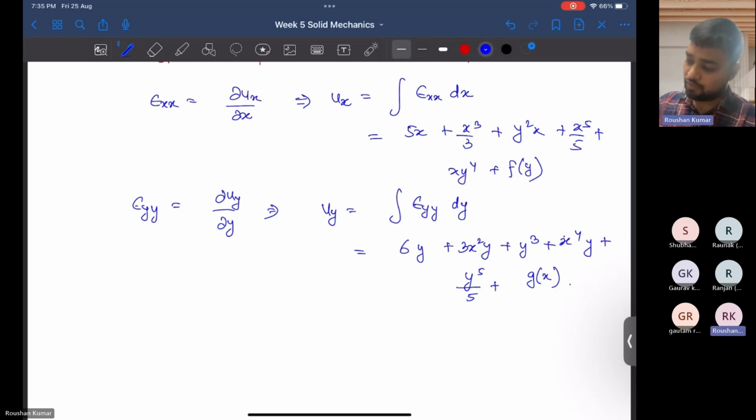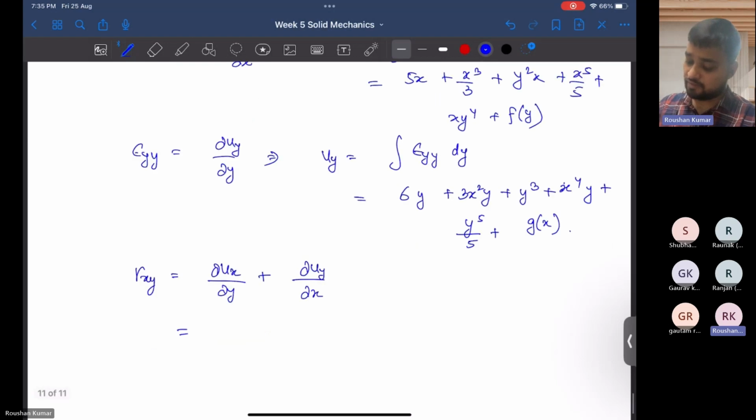Moreover, we also have one more equation, that is gamma xy. Gamma xy is given by ∂ux/∂y plus ∂uy/∂x. That means we have to take the derivative of ux with respect to y and the derivative of uy with respect to x, and from here we can take it.